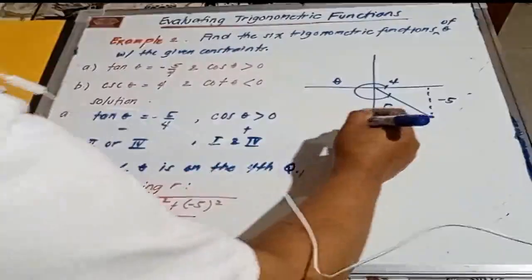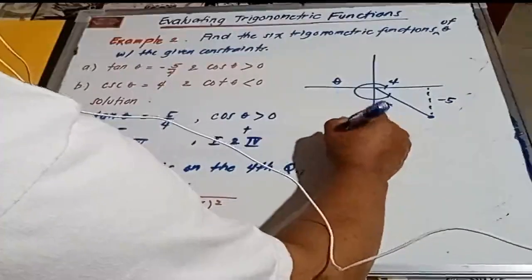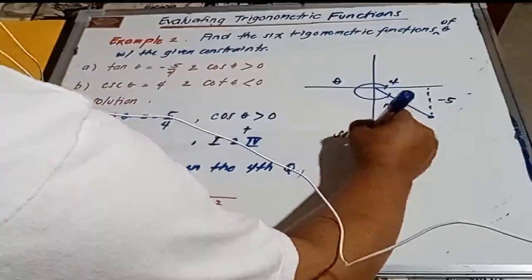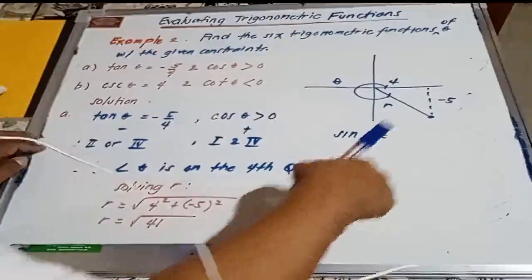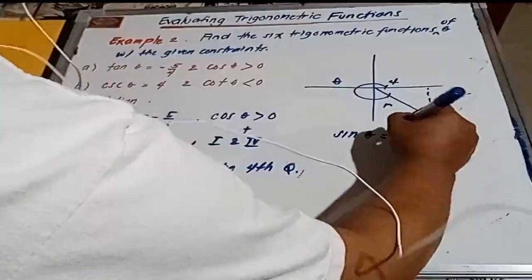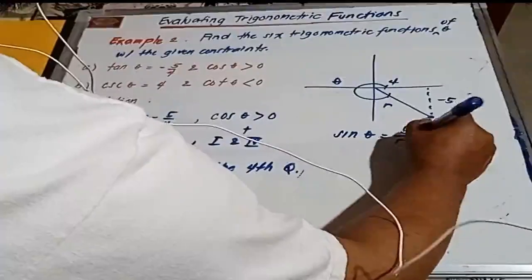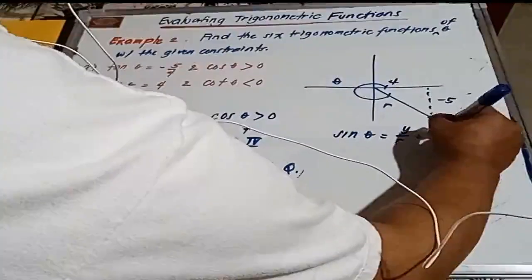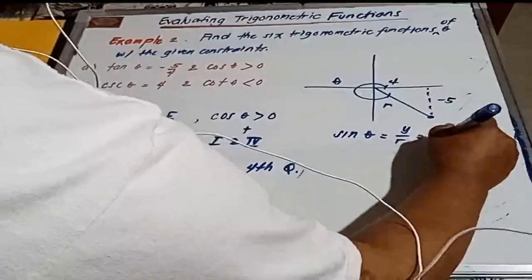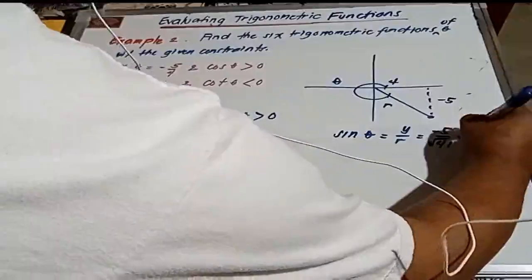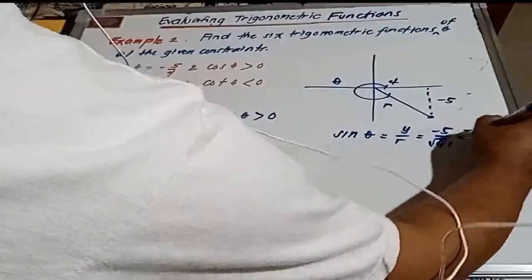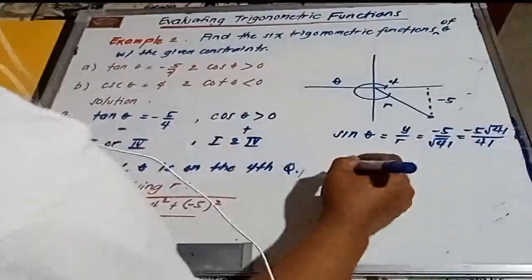Kunin na natin yung sine theta. Sine is opposite side, negative 5, that is y over r. So negative 5 over square root of 41. Rationalizing the denominator, that is negative 5 square root of 41 over 41.